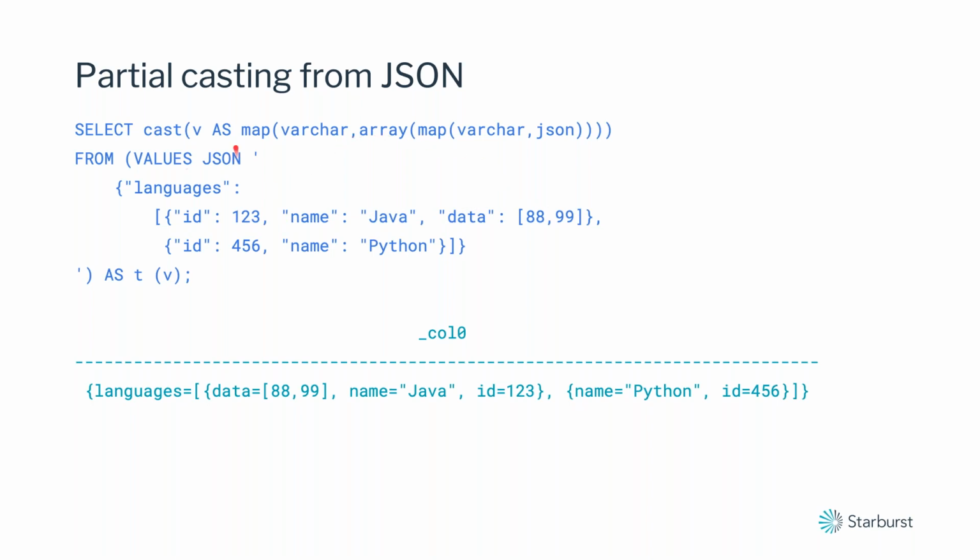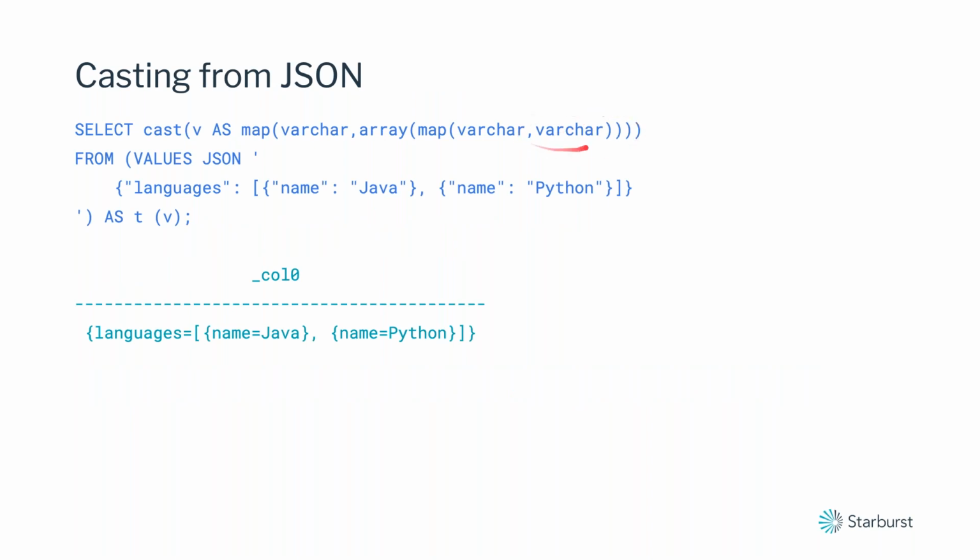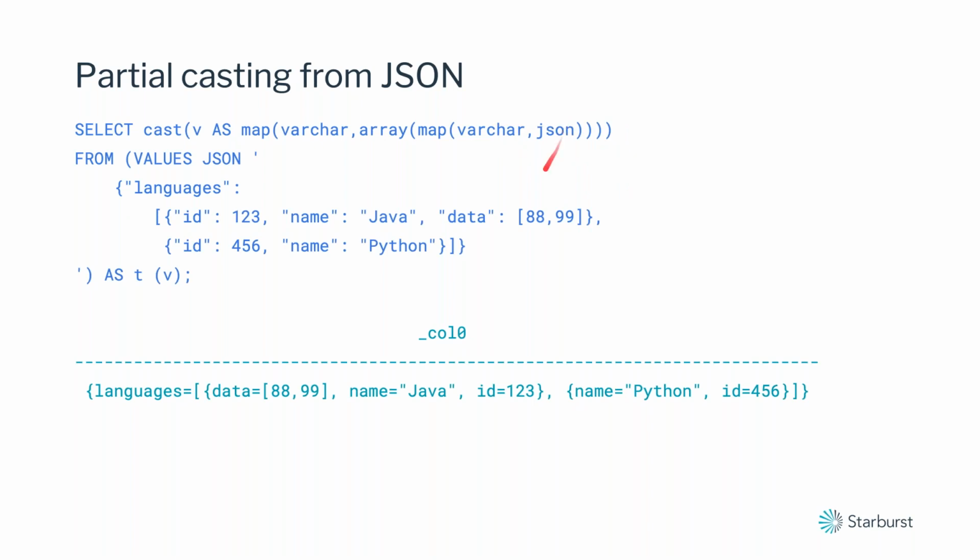So what we can do is cast it to a map of a string to an array of map. Now for the value, instead of it being varchar like it was in the previous slide, we actually cast this to JSON. We call this a partial cast, where you're casting the outer part to a SQL data type, but for the inside, you're saying there's no SQL type that can represent this, so I'm going to leave it as JSON. Then you can process the outer part using standard SQL functions and operators, and process the inner part later with more JSON functions.